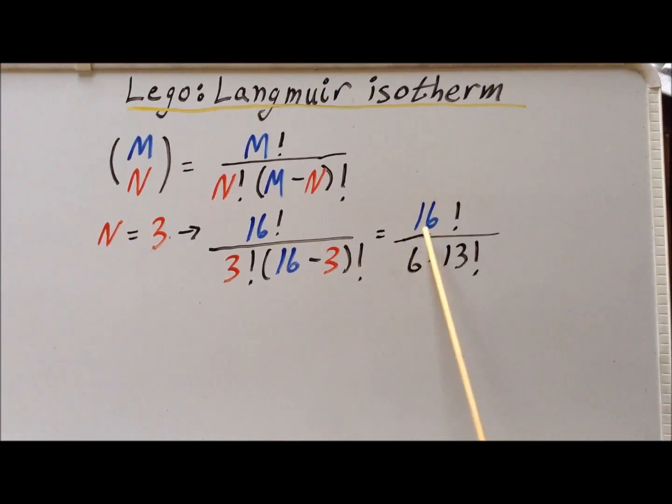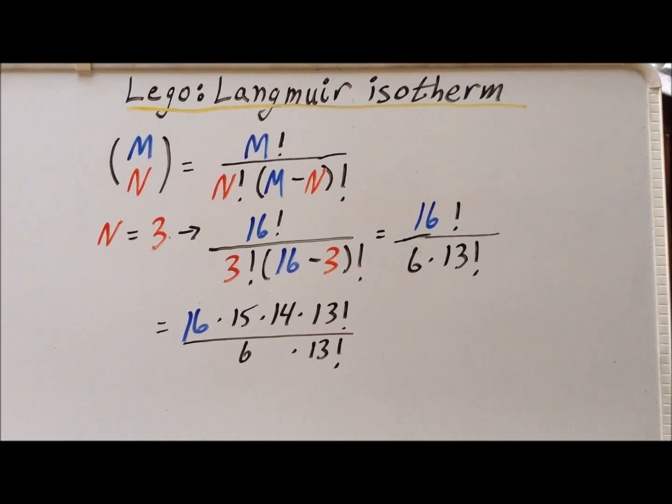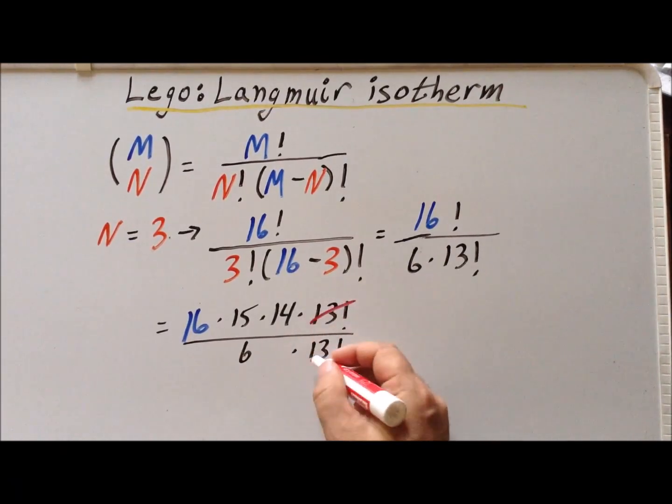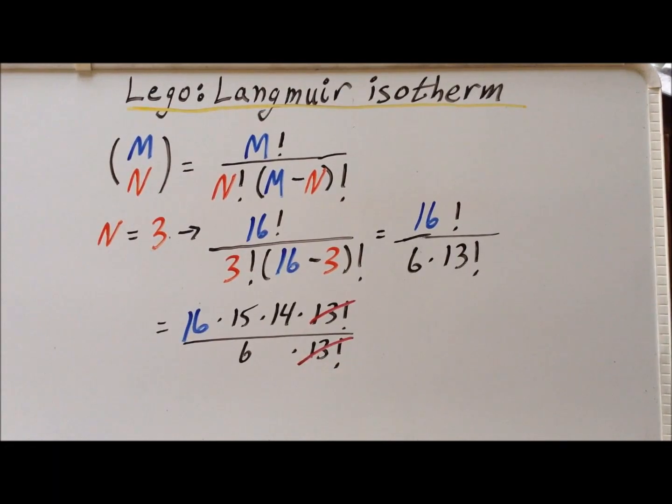So this now becomes 16 factorial divided by 6 times 13 factorial. We again apply the properties of factorials to write 16 factorial as 16 times 15 times 14 times 13 factorial, and our denominator is 6 times 13 factorial. And we notice first that we can cancel the 13 factorials from numerator and denominator.